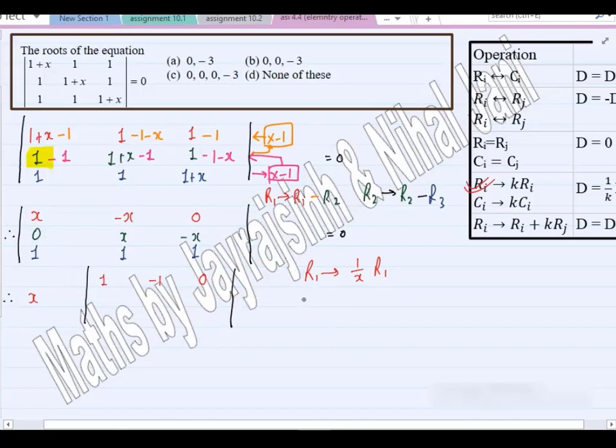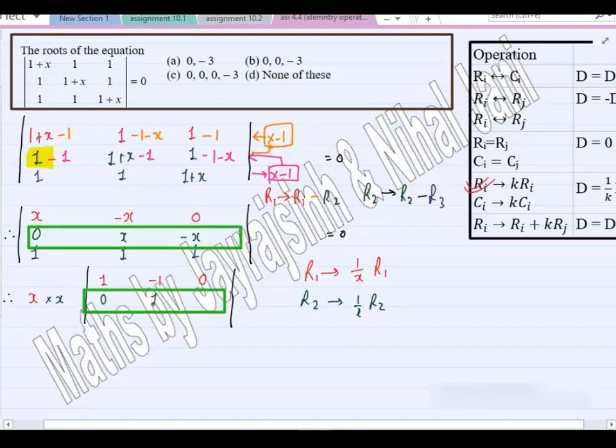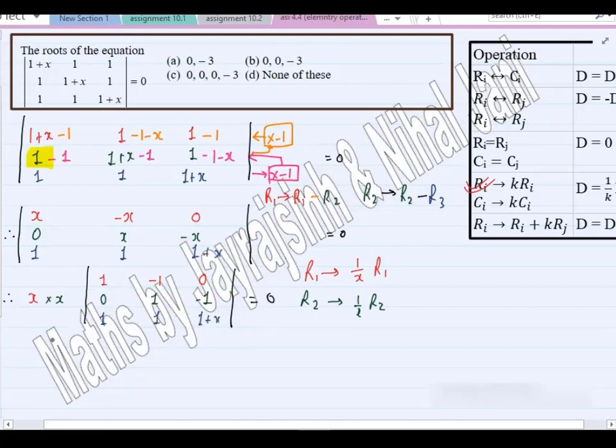The same thing can happen with the second row. So further we have to multiply x to the determinant, and the second row will be 0, 1 and minus 1. Our third row will be as it is. Now we are ready to simplify.